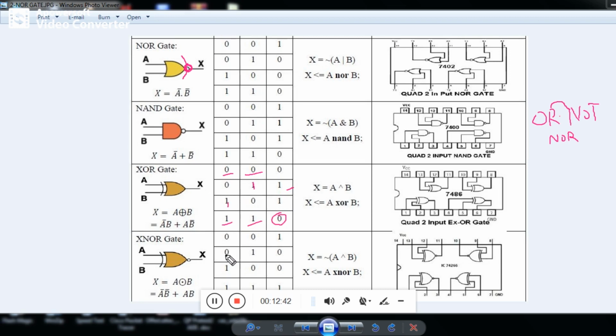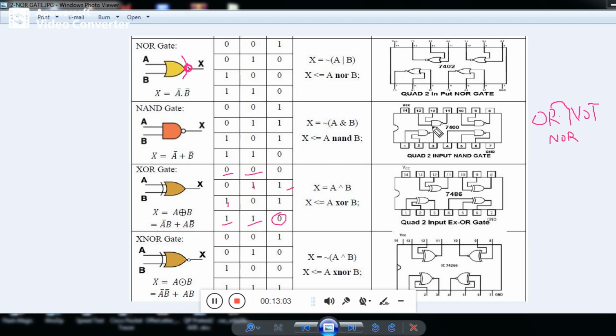Similarly, we have the exclusive NOR gate, and these are the different IC configurations for the NOR gate, OR gate, NAND gate, etc. From the exam point of view, you need not remember the pin configurations. The only thing you have to remember is that it is a 14 pin IC.